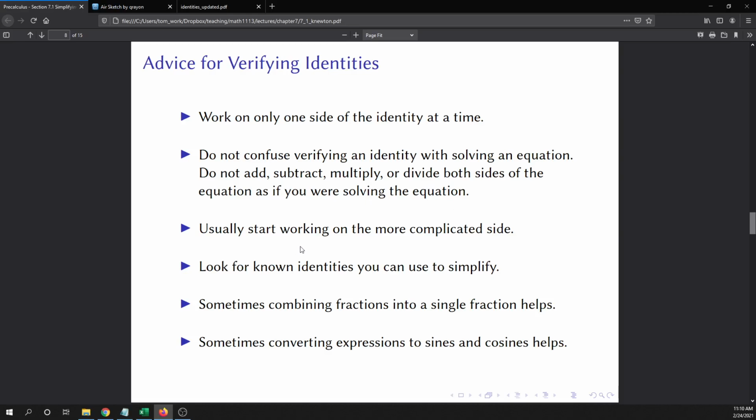When you're working with identities like this, you usually want to start working on the more complicated side, okay? And that's just kind of common sense. It gives you more things to work with, more things to do over on the side that's more complicated. You want to look for known identities that you can use to simplify.